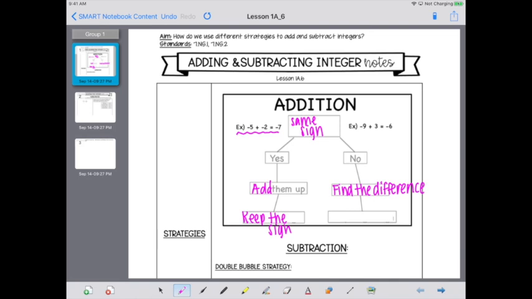And we're going to take the sign of the larger absolute value. Okay, so that deals with your addition strategies.